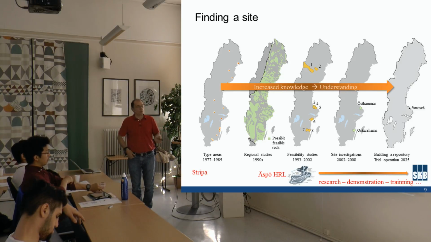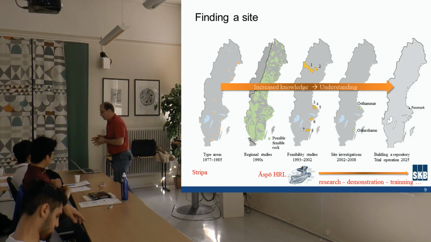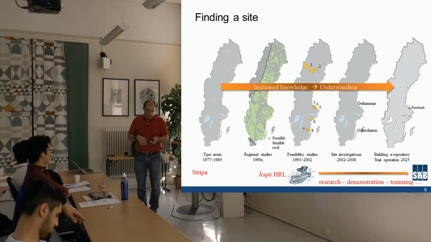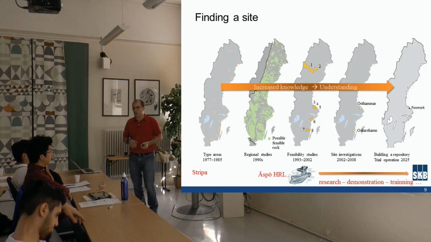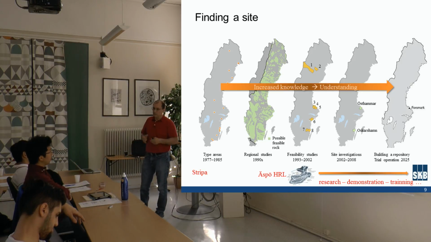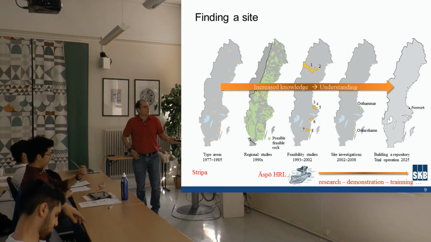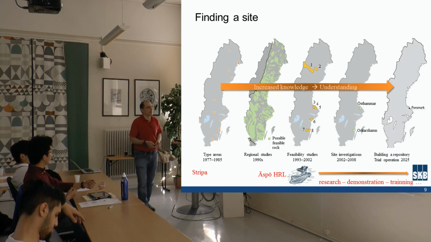And when you start with an expectation, it's not very good because you are biased, as you know. So the next study during the 90s was more to look at an environment which is proper than a strict rock type. And after these studies, there were some places chosen to investigate and so on.